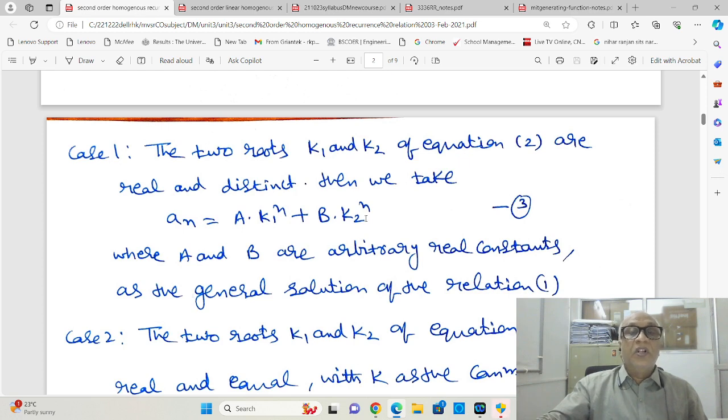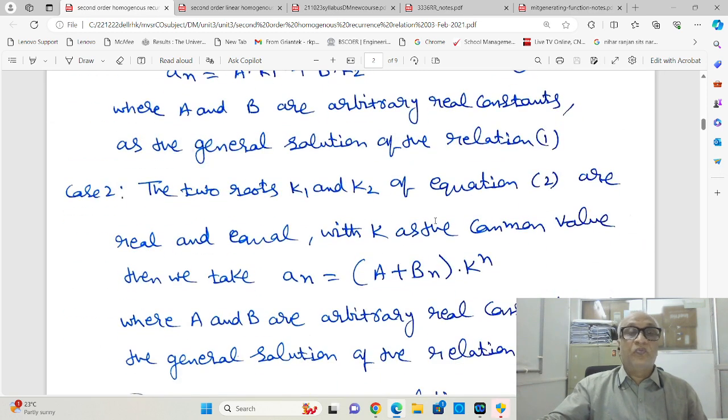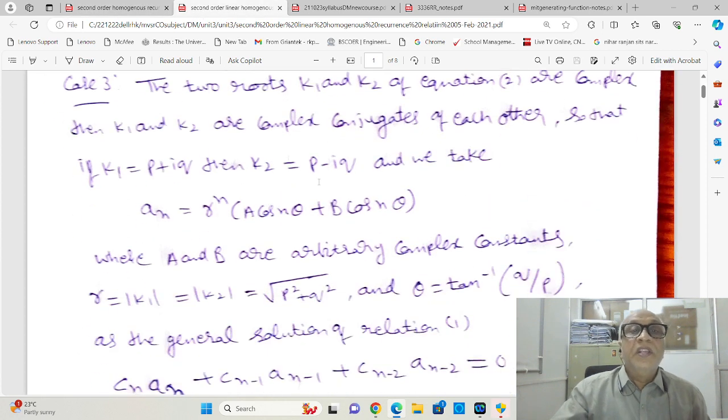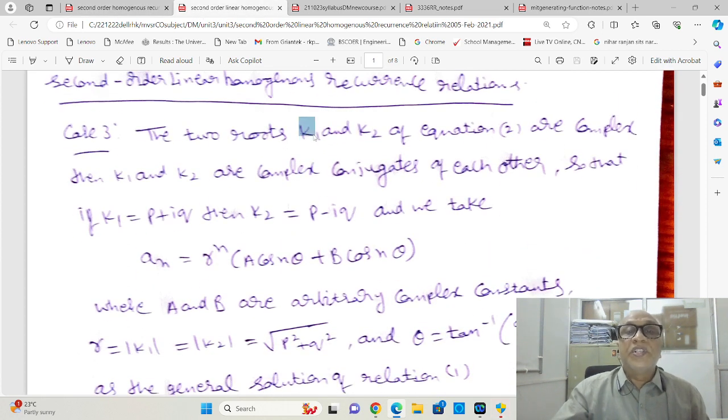Case 2 will be when the 2 roots k1 and k2 are real and equal with k as the common value. Then we take an equal to (a plus bn) k to the power of n, where a and b are arbitrary real constants, as the general solution of the relation. There will be a third case also. In the third case, the two roots k1 and k2 are complex, then k1 and k2 are complex conjugates of each other.